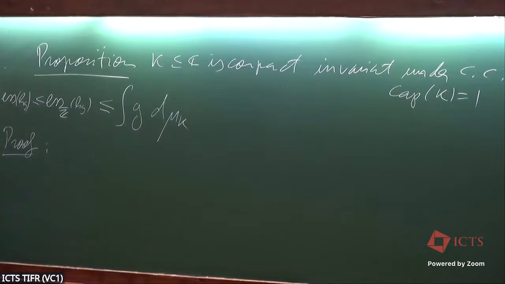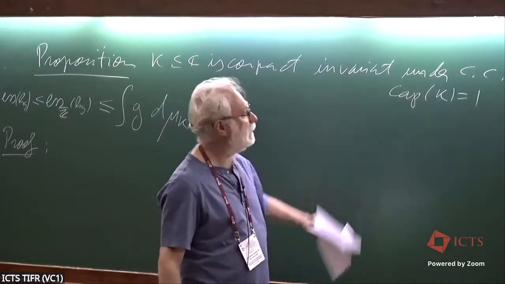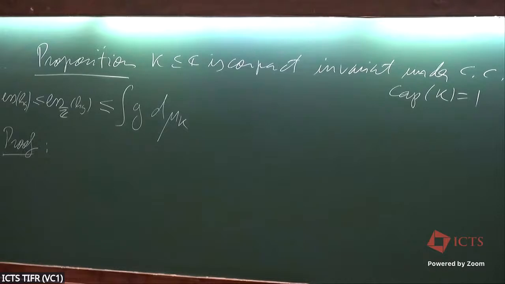Well, we know that K is a compact set, invariant under complex conjugation, and has capacity equal to 1.